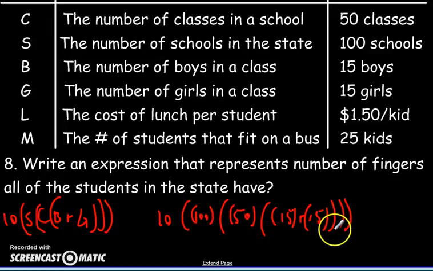And we can evaluate this expression. 15 plus 15 is 30. Alright, working from the outermost part inwards.